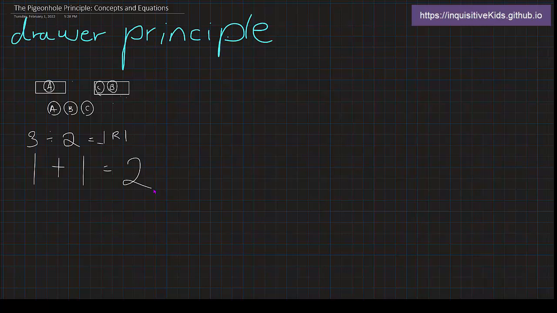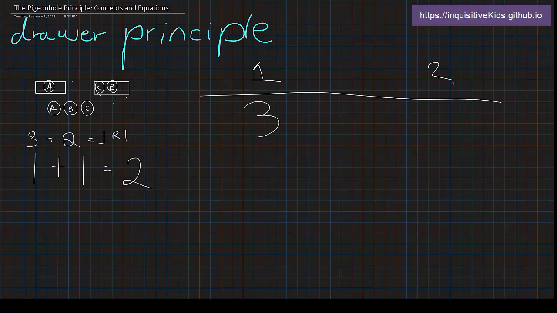And now I'm going to prove that. So this would be drawer number 1 and drawer number 2. In this first case, all 3 pigeons are in pigeonhole number 1 and there are 0 pigeons in pigeonhole number 2. Another scenario would be 2 pigeons in hole 1 and 1 pigeon in hole 2.